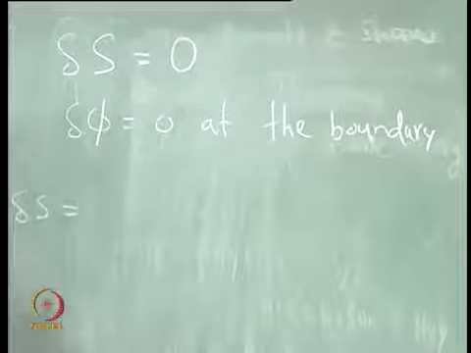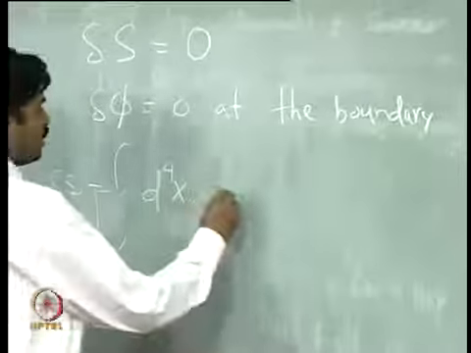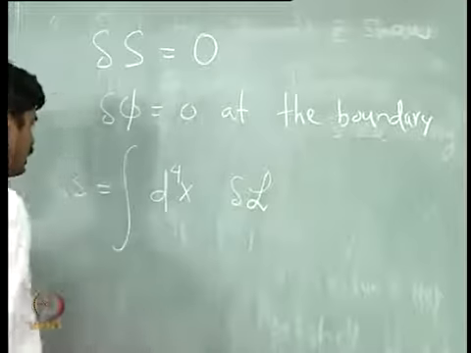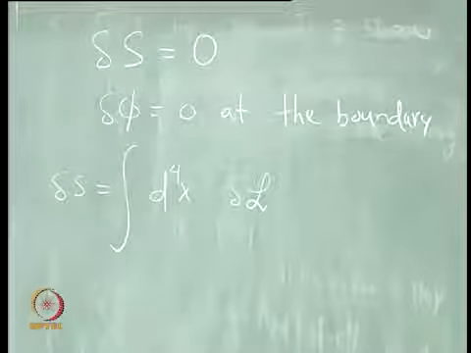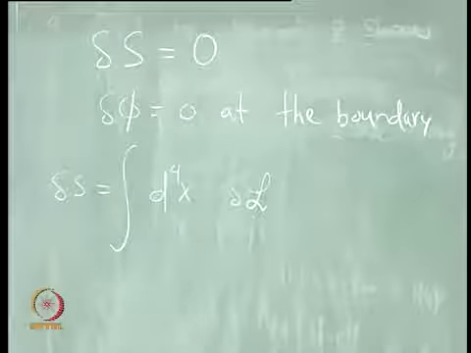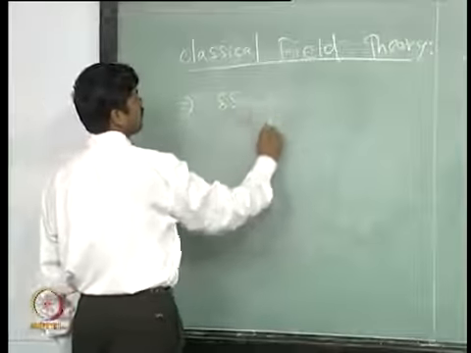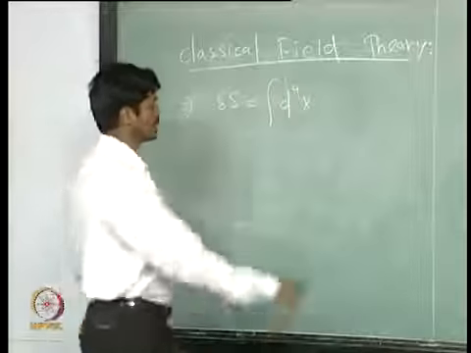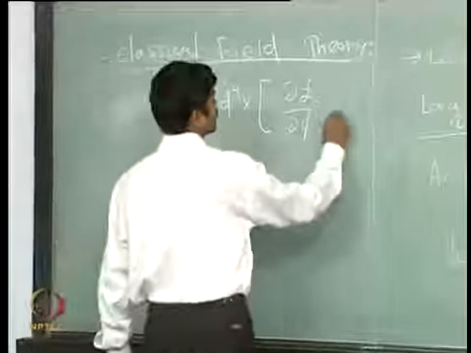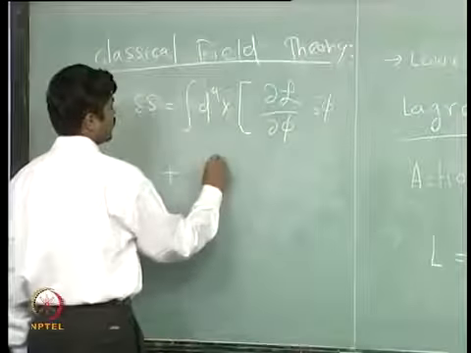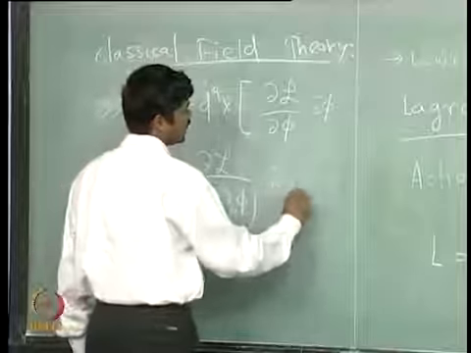Delta S is the integral d^4x delta L, and this is equal to del L over del phi times delta phi plus del L over del(del_mu phi) times delta of (del_mu phi).